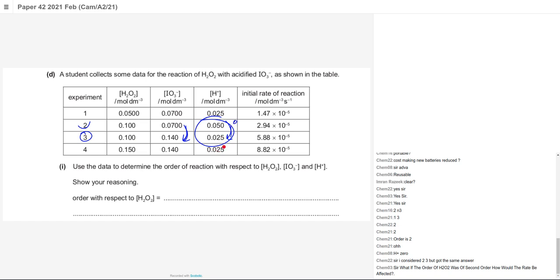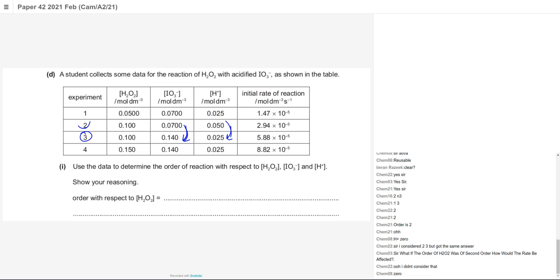How do you know it's 0th order? If it's 0th order, then fine. What if the order of hydrogen peroxide was second order? How would the rate be affected? That's a good question.